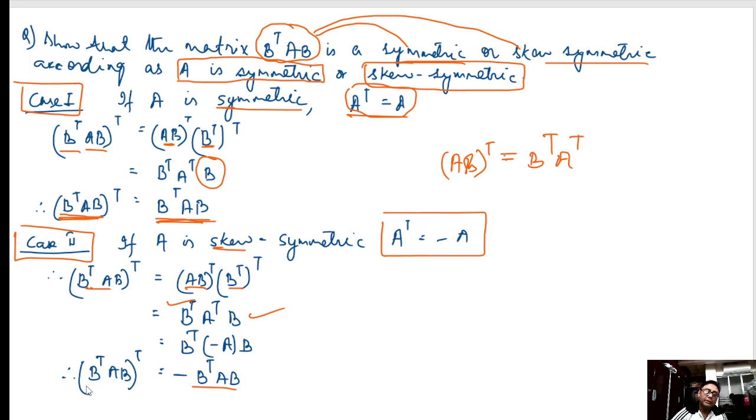So see, the transpose of this is giving the same matrix, but there is a minus here. That means this is a skew symmetric matrix if A was skew symmetric. Clear?